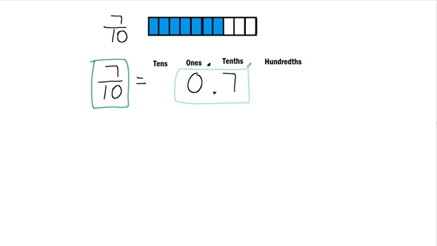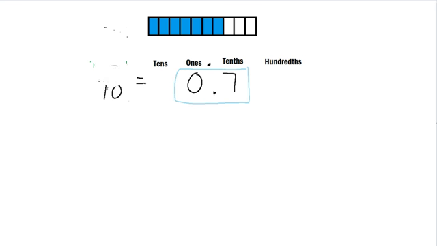Okay, so I'm going to write out some, taking what I know. So we can actually take this visual fraction model and we can write our decimals and our fractions underneath this visual fraction model.